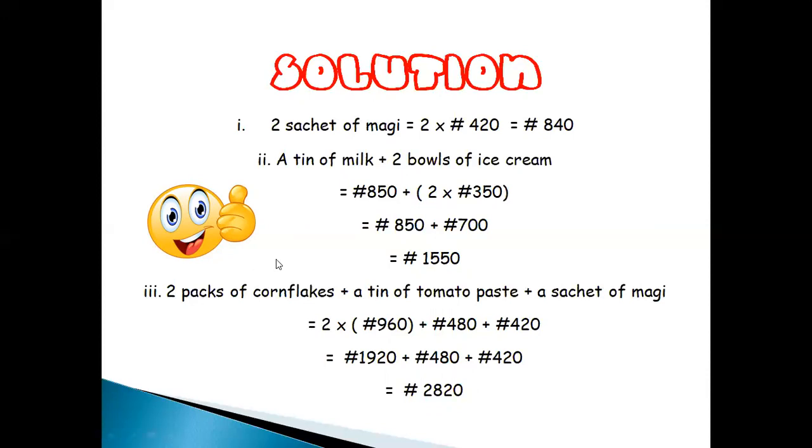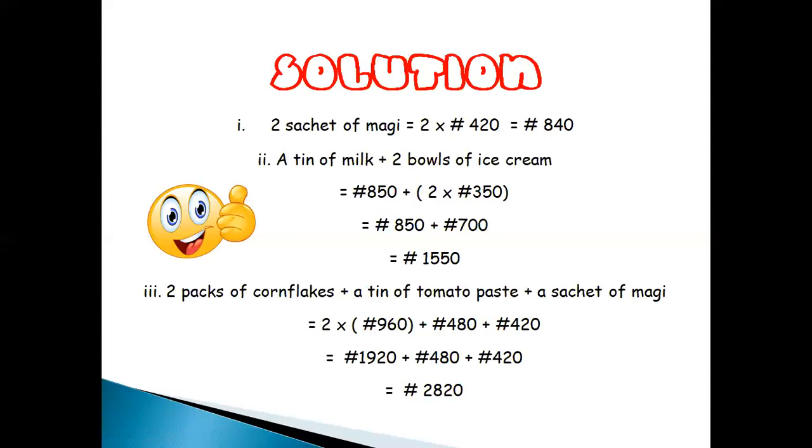Now the third question is asking two packs of cornflakes, a tin of tomato paste, and a sachet of Maggi. So my cornflakes is 960 naira for one pack. So for me to know the price of two, I will say 2 times 960. And then a tin of tomato paste is 480 naira. A sachet of Maggi, 420 naira. So let's do our calculation.